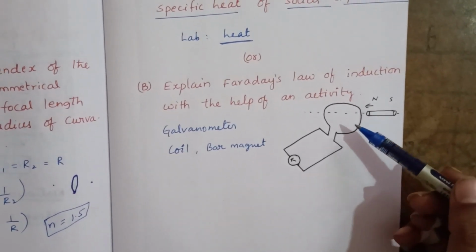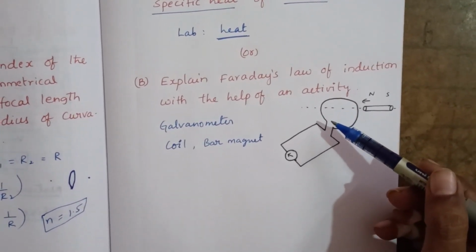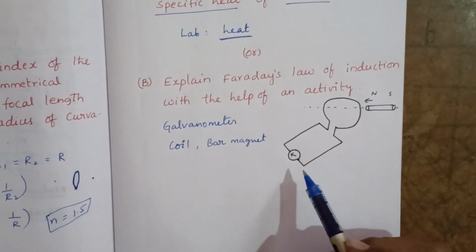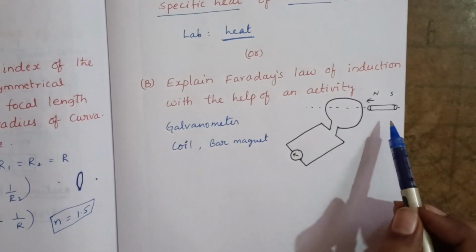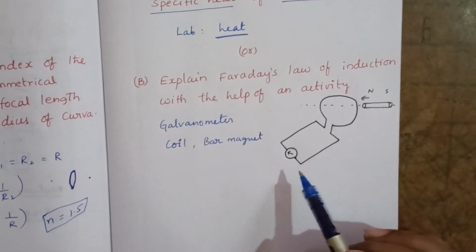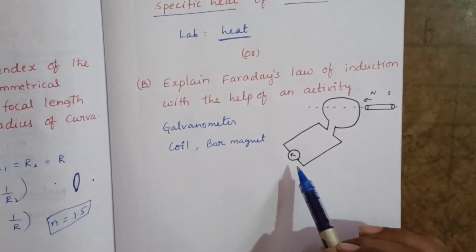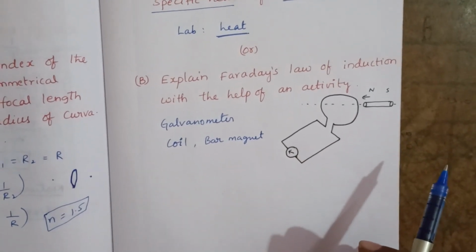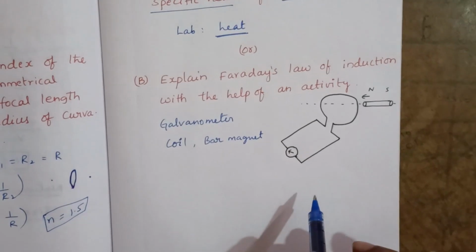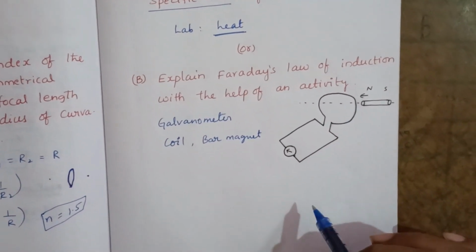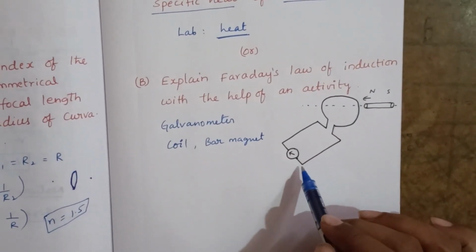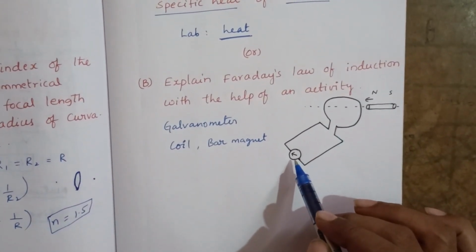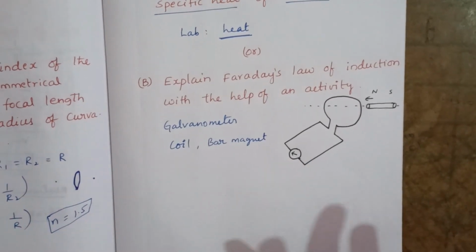When the magnet is at rest, the galvanometer is not deflecting. That means when it is moving, current is generated. When it is kept at rest, no current is generated.